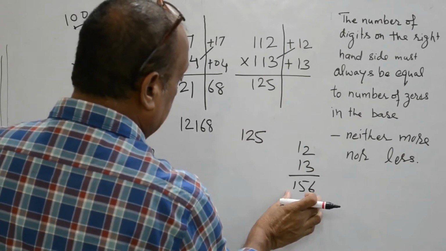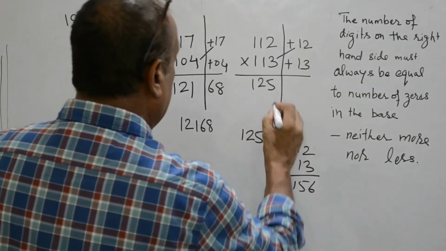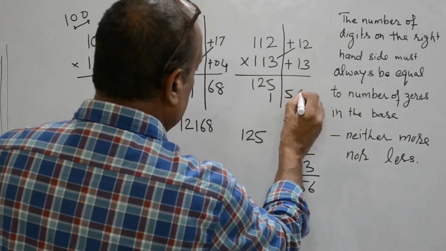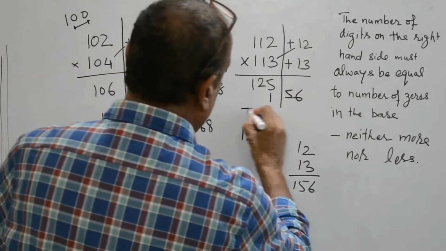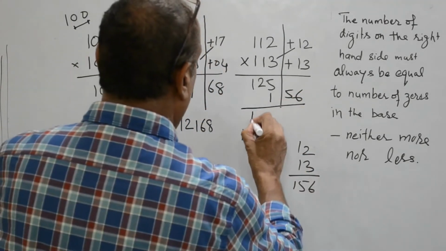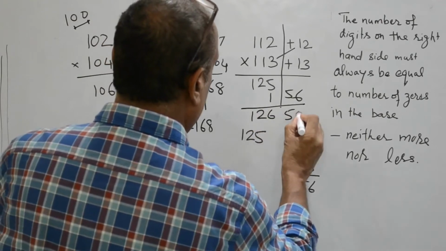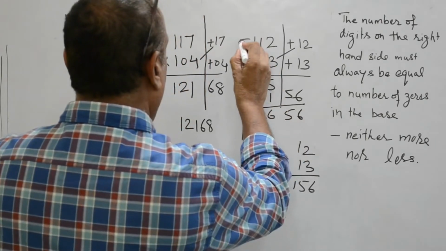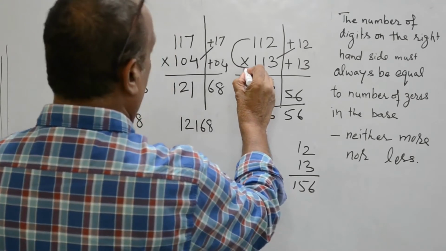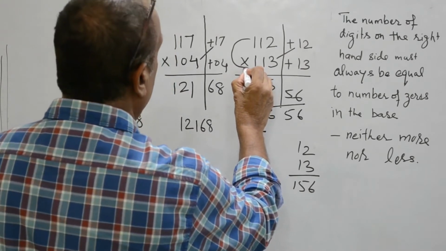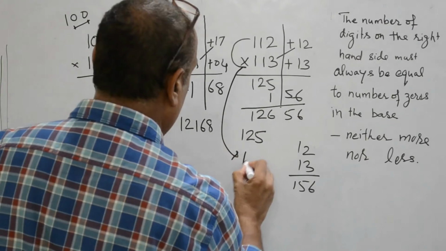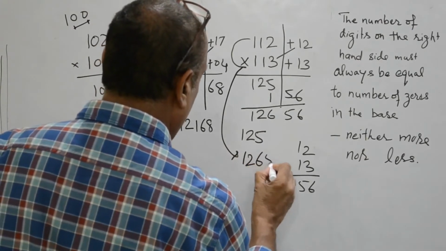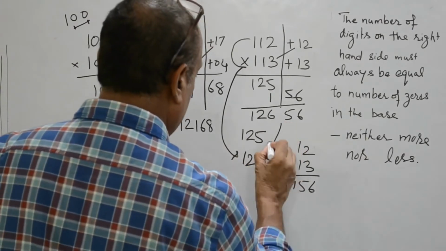So this 156 will be written as 56, carrying the 1. So when it is added, it is 12656. So the answer of the multiplication of 112 and 113 is 12656. This one.